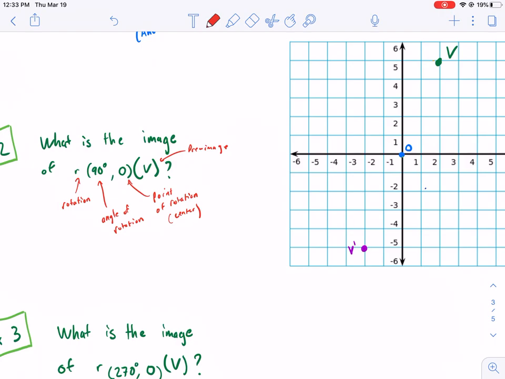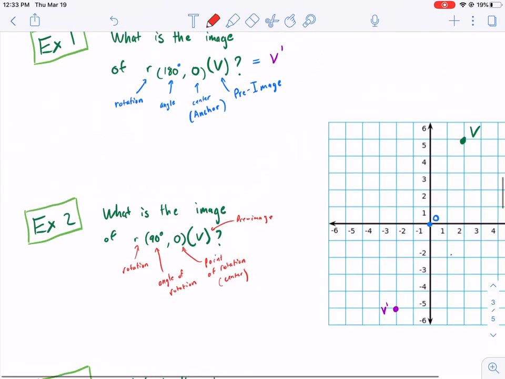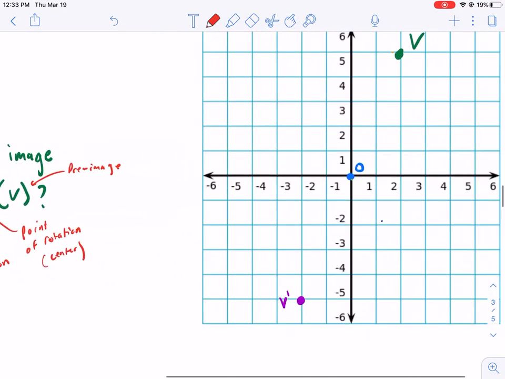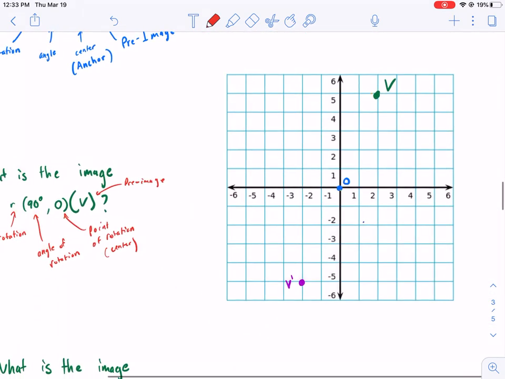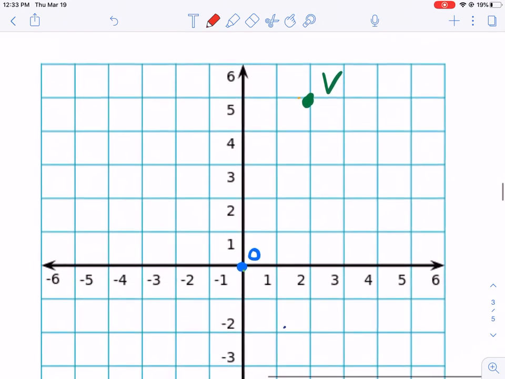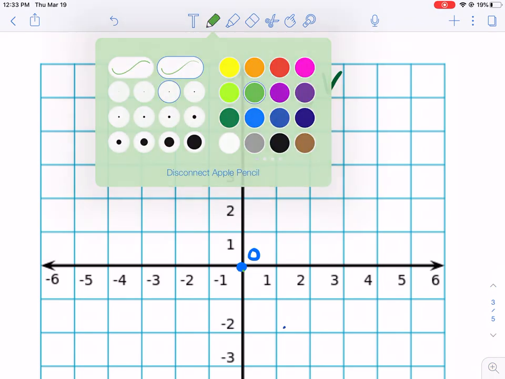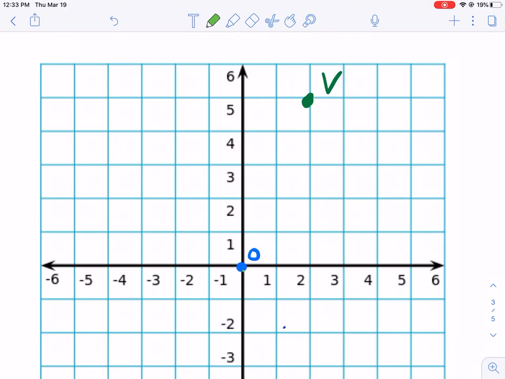Okay, so now instead of rotating 180 degrees, we're going to be rotating it 90 degrees. We're going to approach it in the same way. So right now we're only concerned about the center of rotation O and the point of rotation, which is V. What I like to do always is draw my supports to get to point V, and I like using horizontal and vertical supports so that it's easier to visualize when I actually do the rotation.